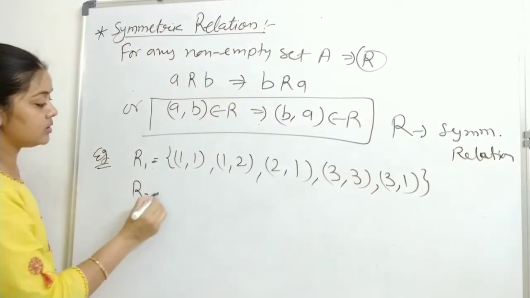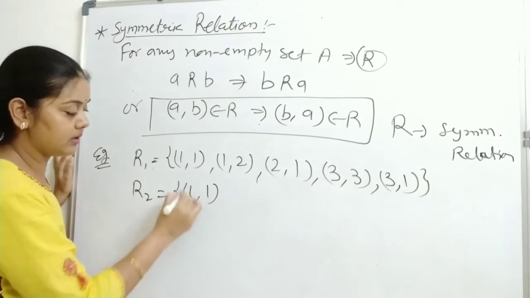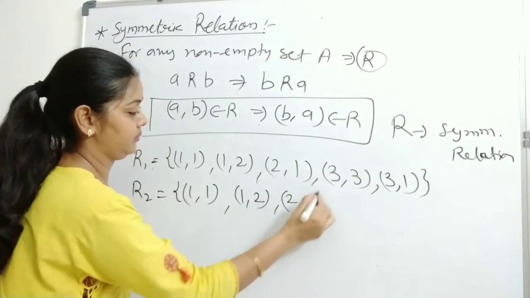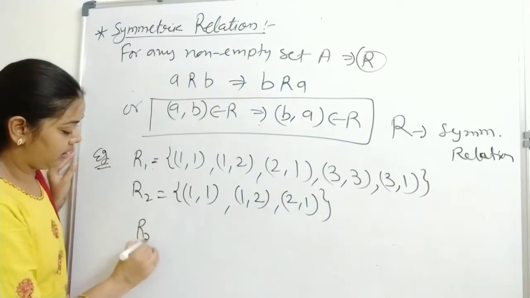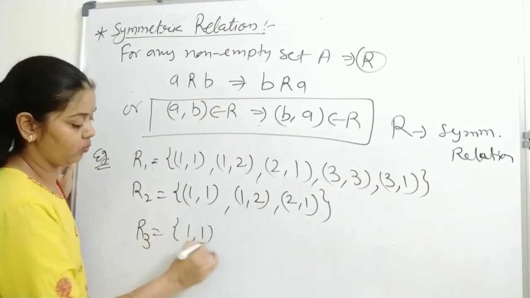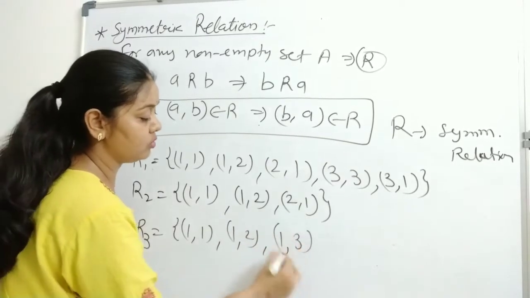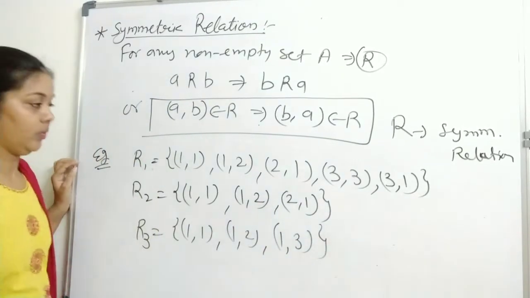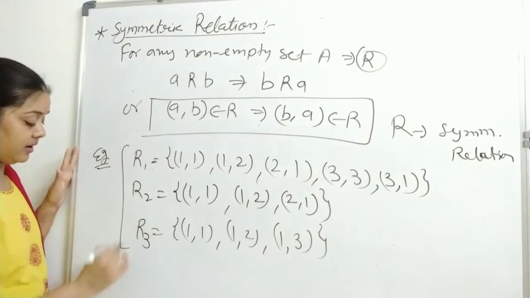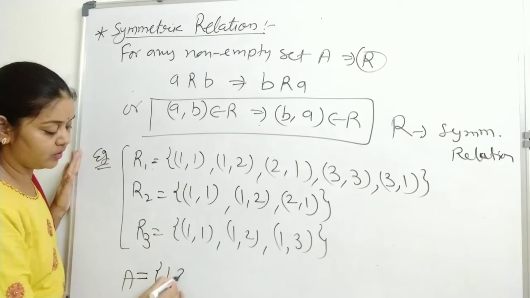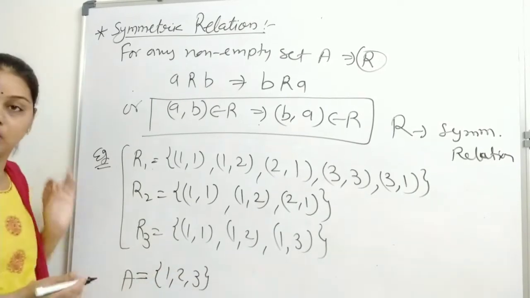And R2 is, suppose, (1,1), (1,2). R3 is (1,1), (1,2), (1,3). All these relations are defined on a set A in which I have elements 1, 2 and 3.